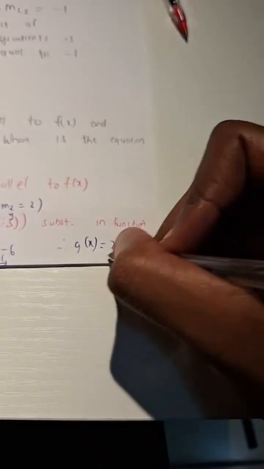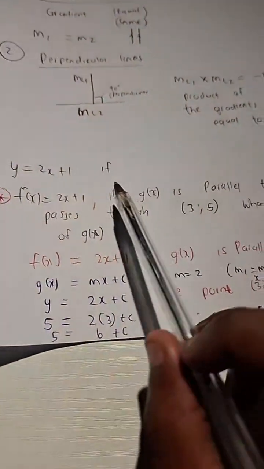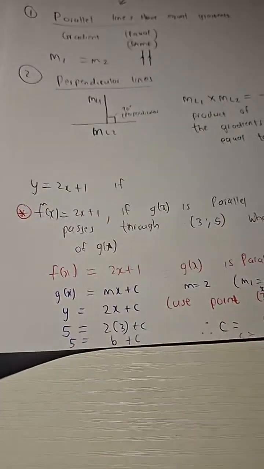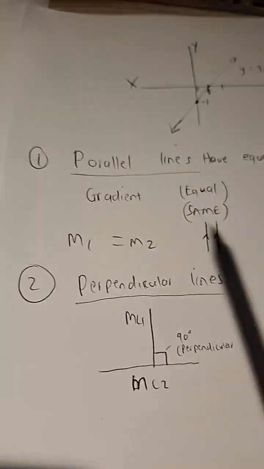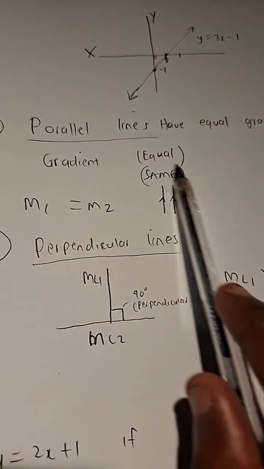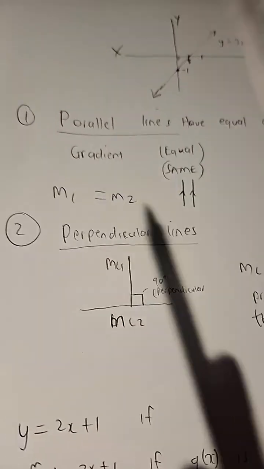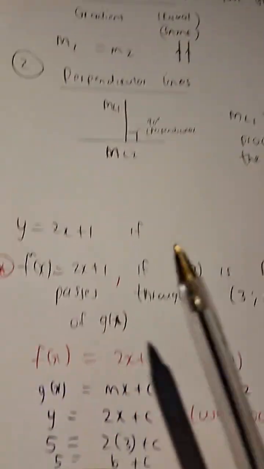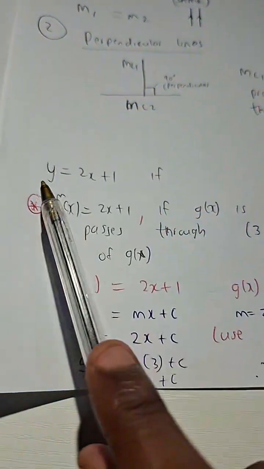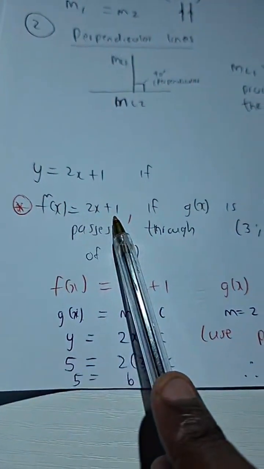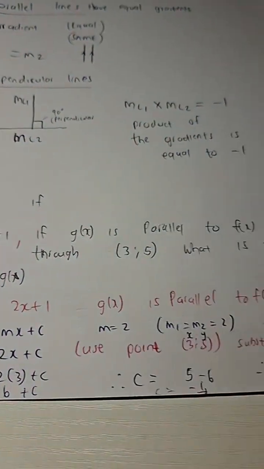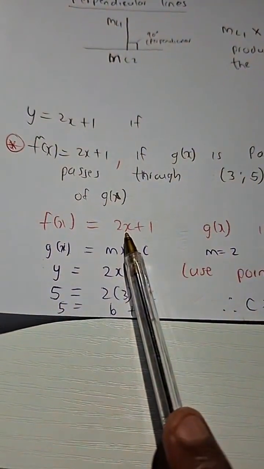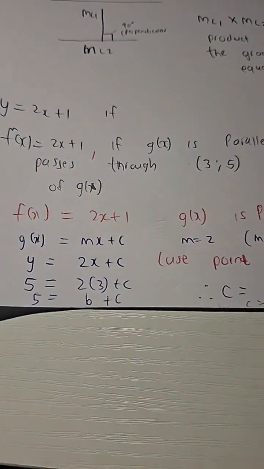Right? And guys, this is basically how we are able to apply our knowledge of knowing that parallel lines have equal gradients. When we know that the lines are parallel, it means if one function that is a straight line is supposedly parallel to the other, then that would therefore infer that the gradients are the same.